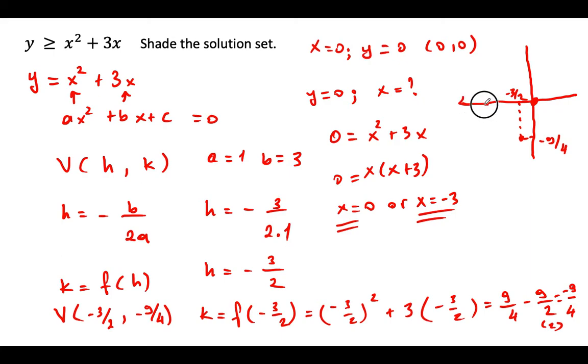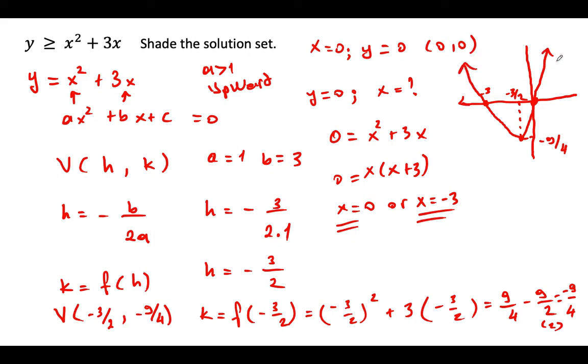So approximately, let's say it is here. And then when we join, this will be our function. And it's clear that since a is equal to 1 is greater than 0, the function must be upward. So we see that this is upward.